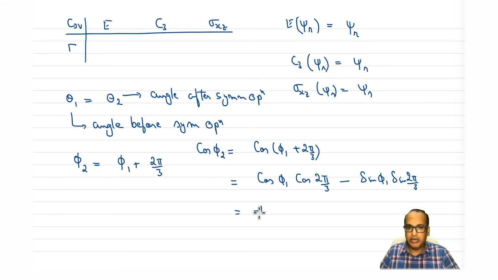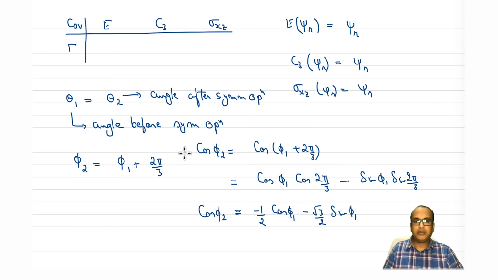This is minus half, so you have minus half cos phi 1, and sin 2 pi by 3 is plus root 3 by 2, so you have minus root 3 by 2 sin phi 1. So cos phi 2 is equal to this when I am doing a C3 operation, right? So this is for the C3 operation.